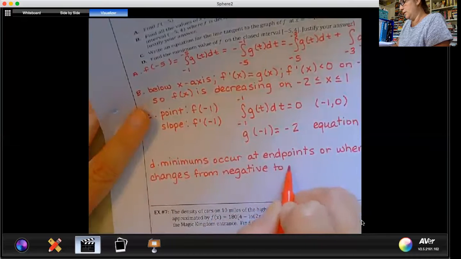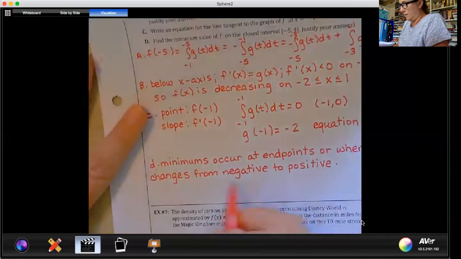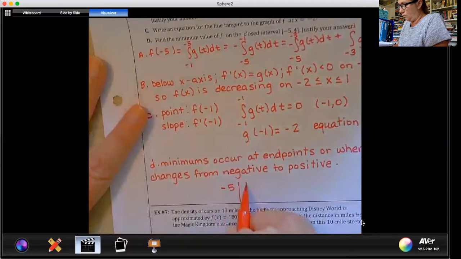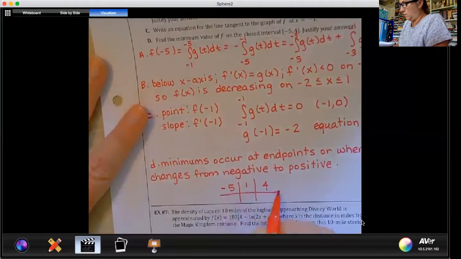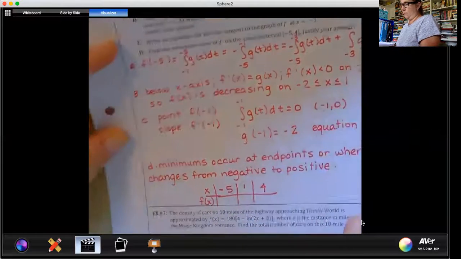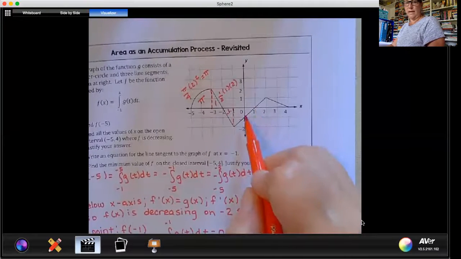So we're going to do a little chart here. We've got -5 and 1 and 4. So -5 and 4 are our endpoints, and then 1 is going to be where our graph changes from negative to positive.